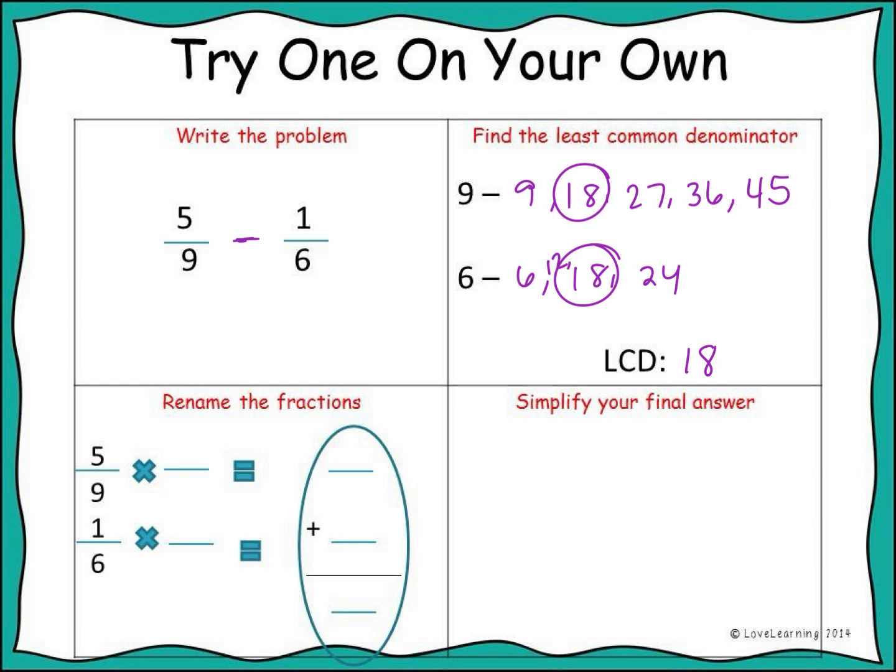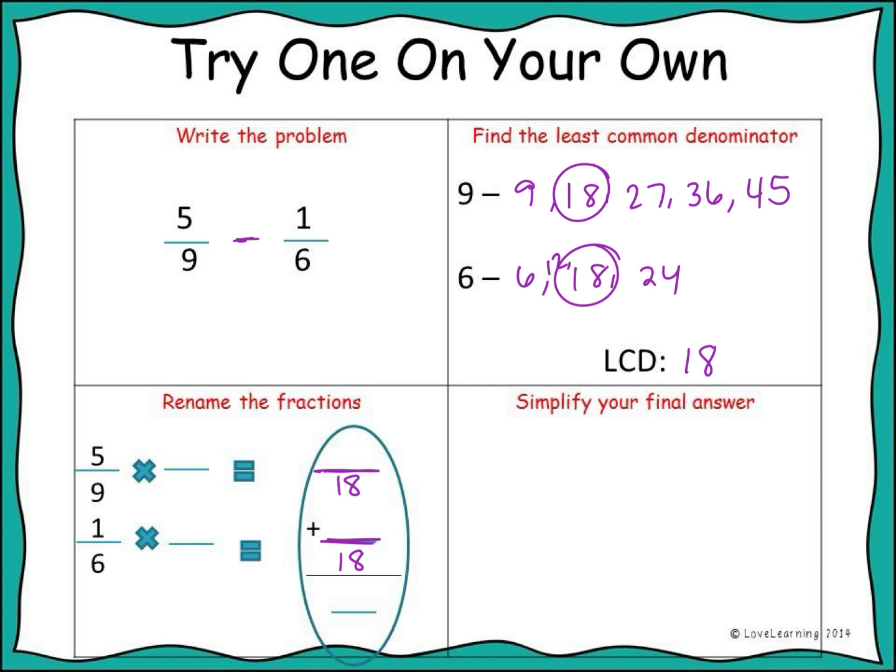Okay, so now I want to rewrite my fractions using 18 as my least common denominator. So over here in my bottom left box, I'm going to write 2 fractions with 18 on the bottom with missing top numbers. I want to make sure that I include my original fraction so that I can see the change happening, so that I can see it going from 5/9 to my new fraction.